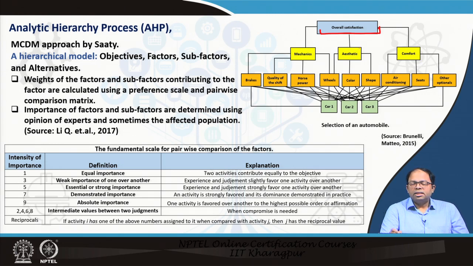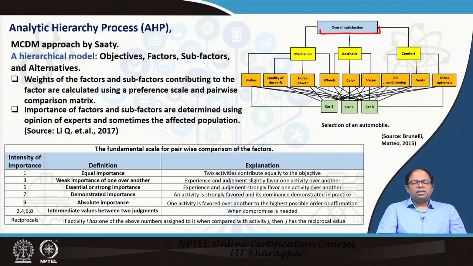Wheels could also be aesthetically pleasing, so the design of the wheels, the color of the wheels, the color of the vehicle and the shape of the vehicle may play a role in my decision. And then we have air conditioning, seats, and other optionals. So these are the different sub-factors that have been used for comfort.